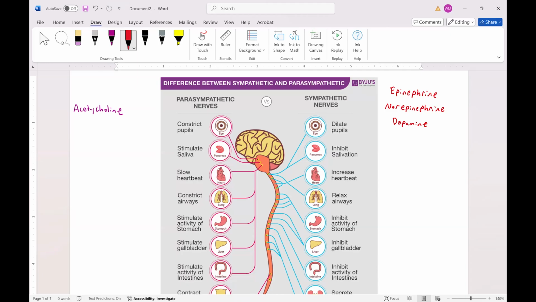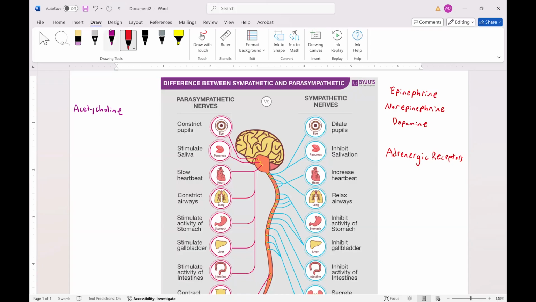All right. And so when we think of this, the receptors that epinephrine and norepinephrine are going to go down and react with are called adrenergic receptors. So adrenergic receptors are what epinephrine and norepinephrine are targeting.